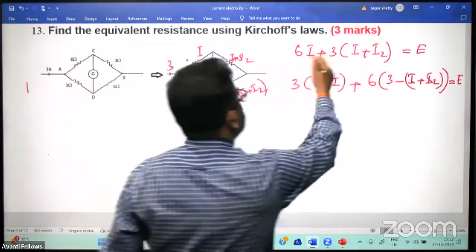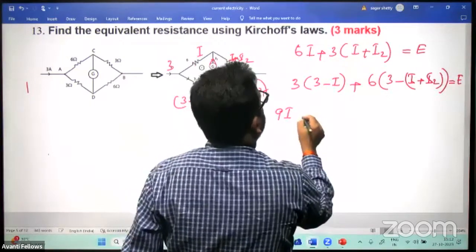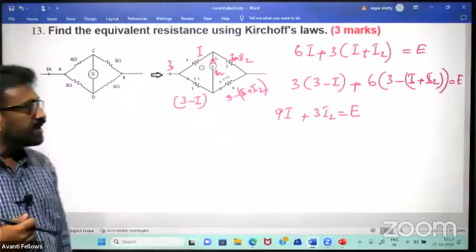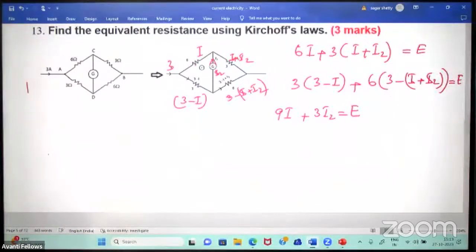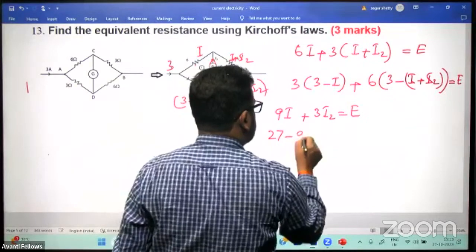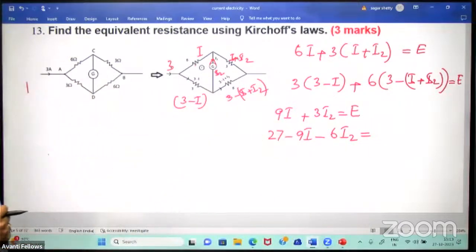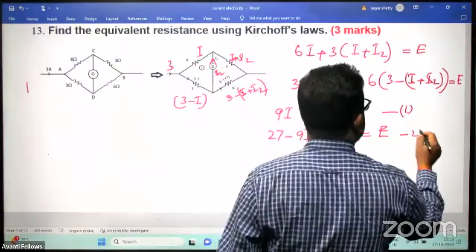By solving the first equation, we get 6I here, 3I here, so it will be 9I plus 3I2 equal to E. First equation: 9I plus 3I2 equals E. Then from the second equation, after solving, we get 27 minus 9I minus 6I2 equals E. So we got two equations, equation 1 and equation 2.